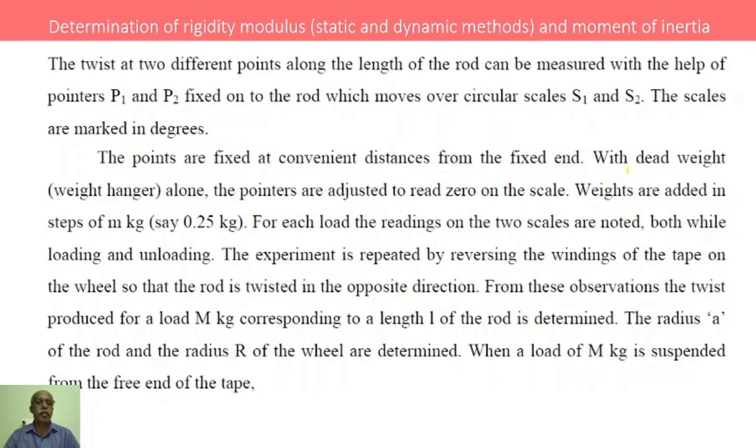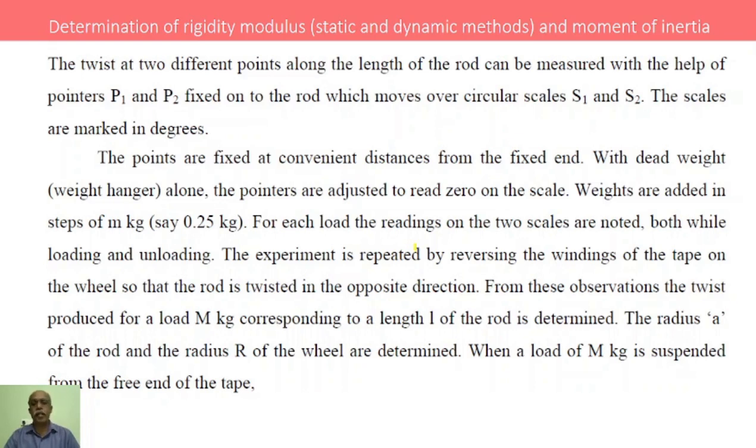First, the dead weight, that is the weight hanger alone: for the weight hanger alone, the pointers are adjusted to read 0 on the scales S1 and S2. Now, on adding weights in steps of 0.25 kg, for each weight added, the readings are noted on the two scales S1 and S2, which give theta1 and theta2 respectively.